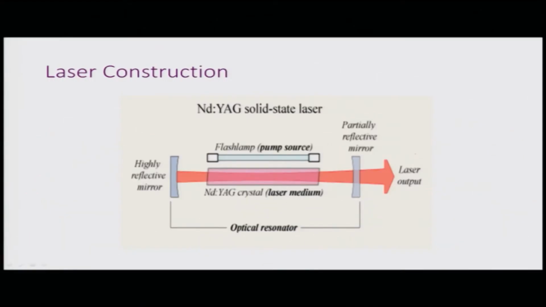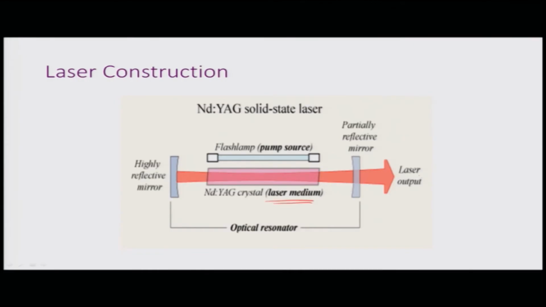So here is a picture of a typical laser, one which is in operation today, for example a neodymium YAG solid state laser. In this case a flash lamp pump source is pumping the amplifying system, which is the laser medium, which is then put inside an optical resonator.